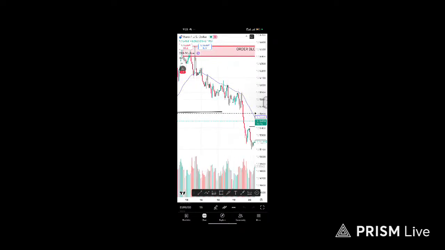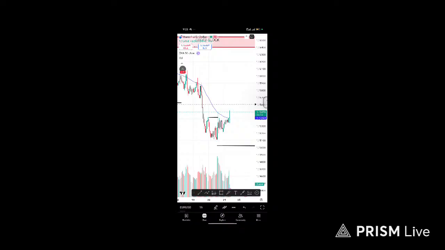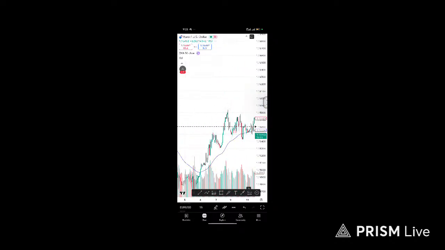The market has not reached there yet. We'll be looking for a buy setup.